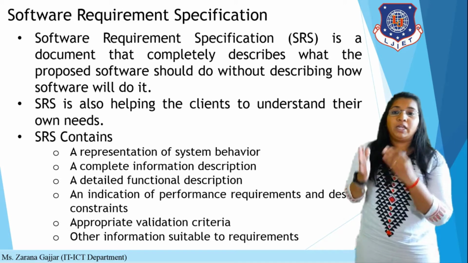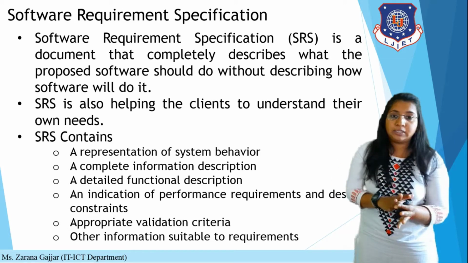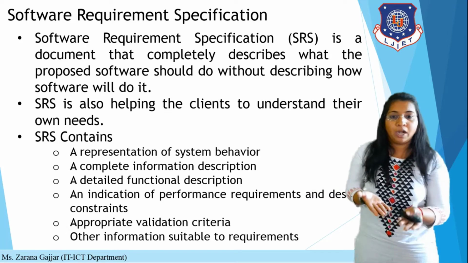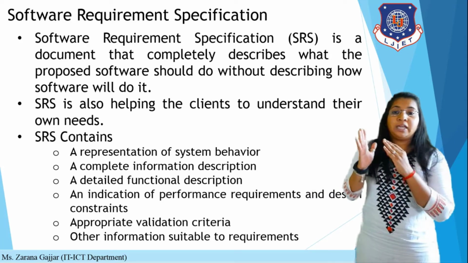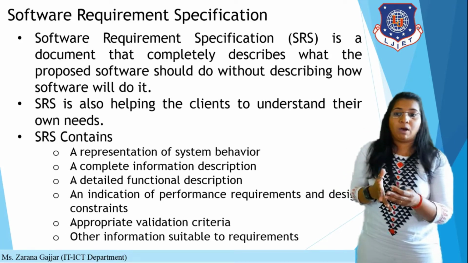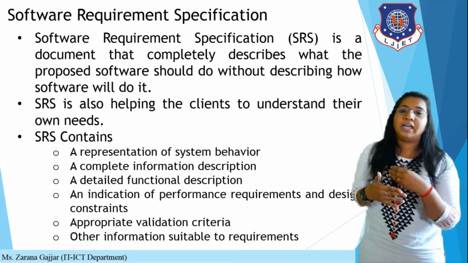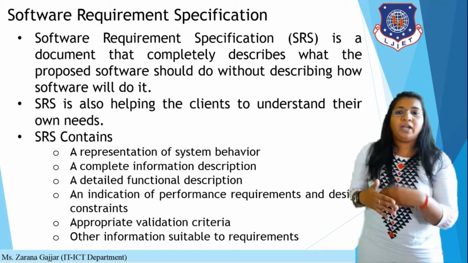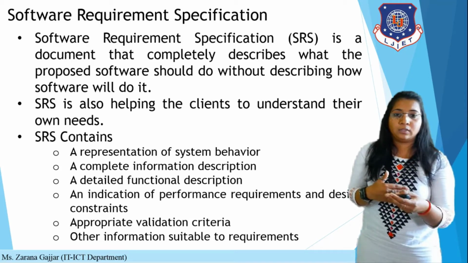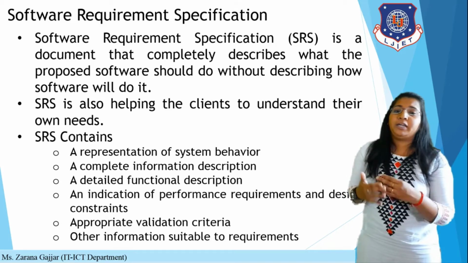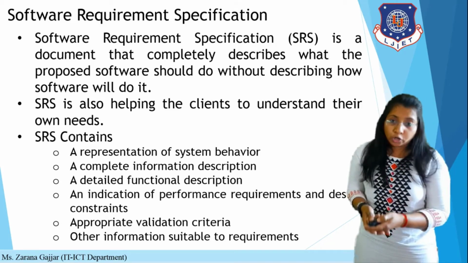It will also give you a detailed functional description, like the functional requirements and non-functional requirements. It is an indication of performance requirements, and describes constraints and appropriate validation criteria, and other information suitable to the requirements. So all these things are contained in a particular SRS document.